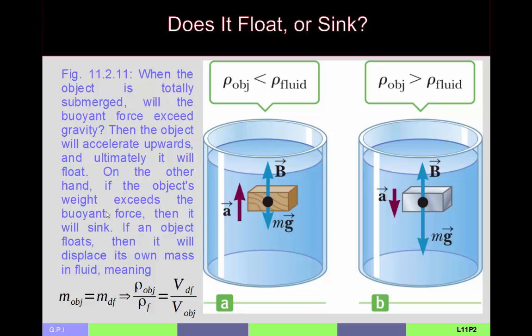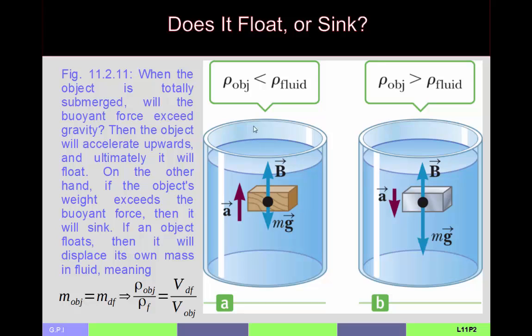So you can also use this to determine whether an object should float or whether it should sink. Obviously, this is suggesting that if the object is more dense than the fluid, then it should sink, because that means that the mass of the fluid displaced is less than the mass of the object, and hence the weight of the fluid displaced is less than the weight of the object, hence it will sink.